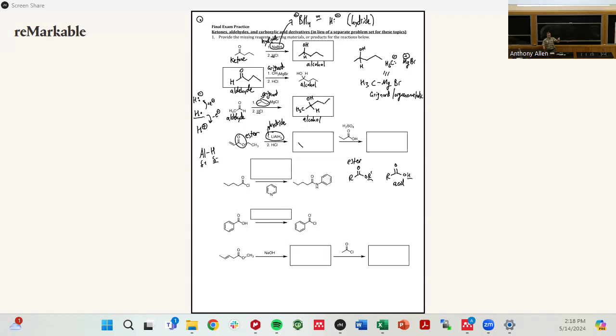Organometallics, like organolithium compounds or Grignard reagents. So the ester getting 2 equivalents of the hydride is going to take it down to a what? If it gets 1 equivalent of the hydride, let's see what we would get.